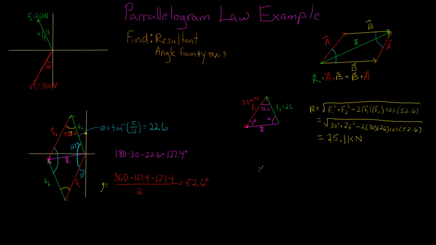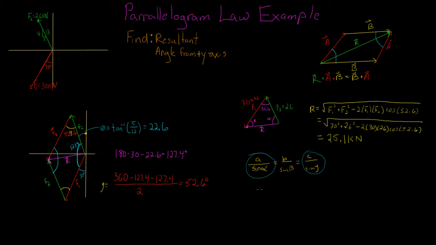The law of sines says that the sine of alpha over A, so this is a side length A, is equal to B over the sine of beta is equal to C over the sine of gamma. And you can pick any two of these normally with the law of sines. For us in this problem, if I call this side C, I have my gamma. Side A, I have my alpha.